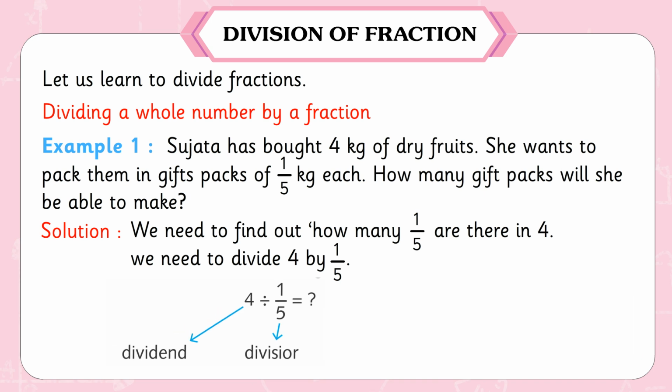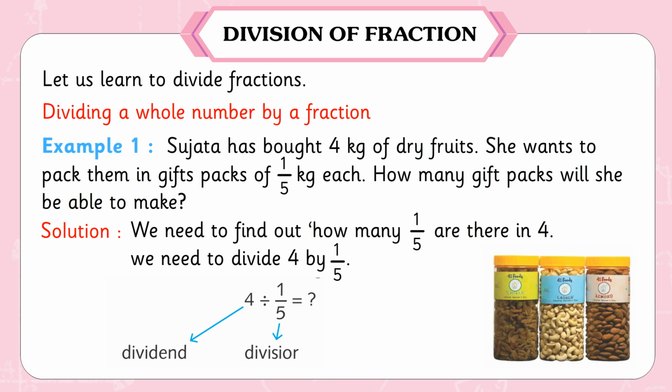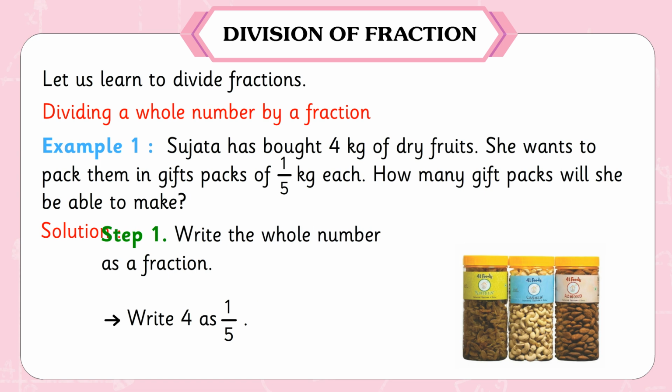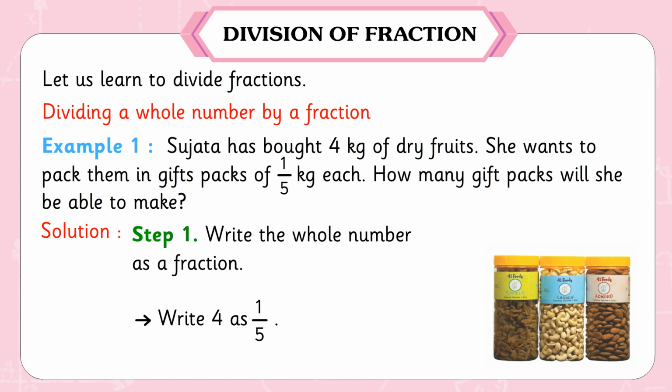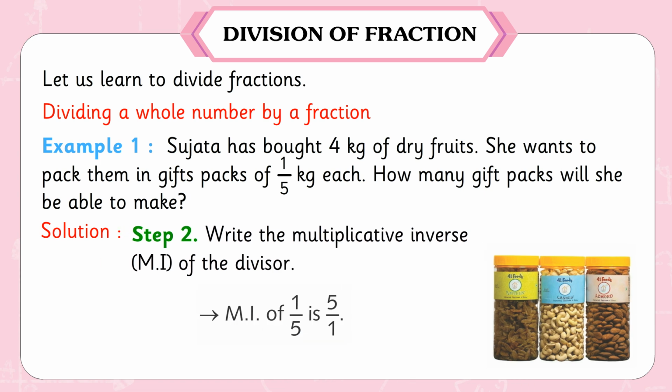Dividend 4 divided by 1/5 divisor is equal to what? Step 1. Write the whole number as a fraction. Write 4 as 4/1. Step 2. Write the multiplicative inverse of the divisor.